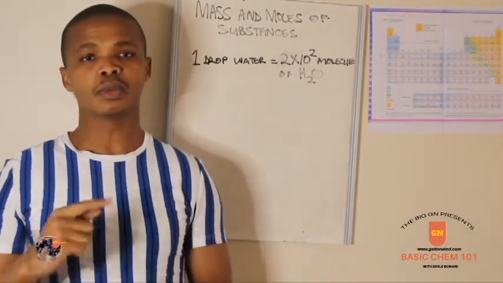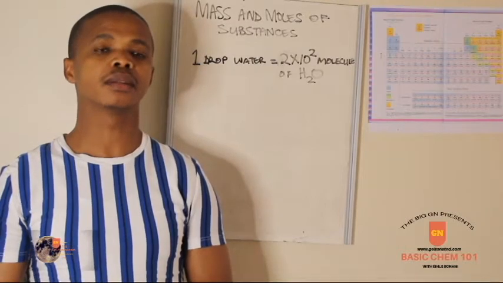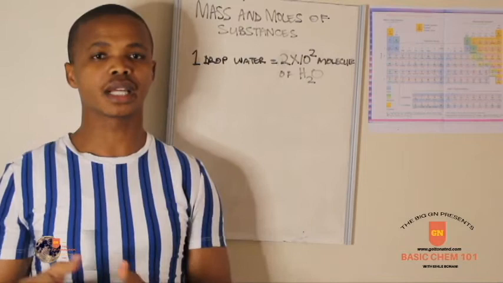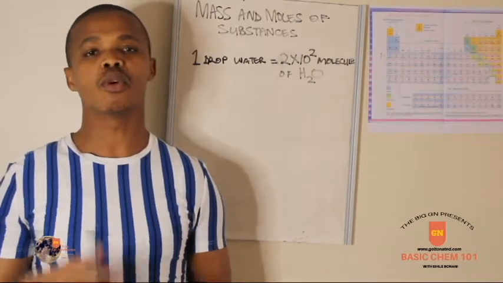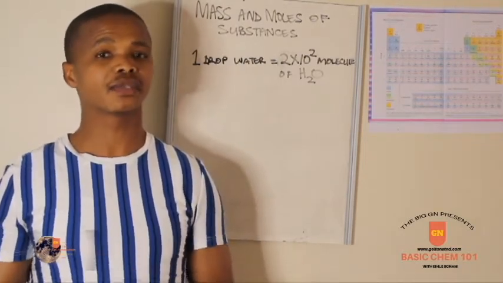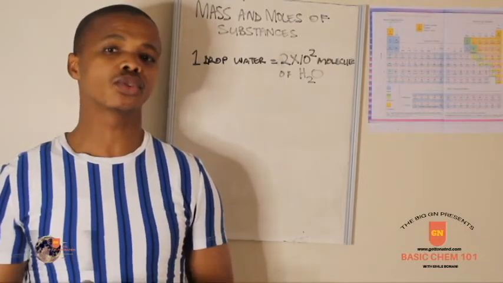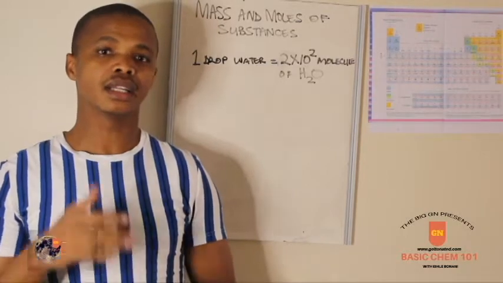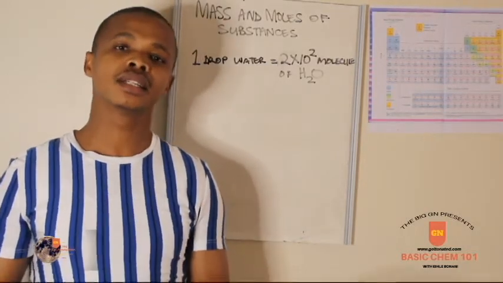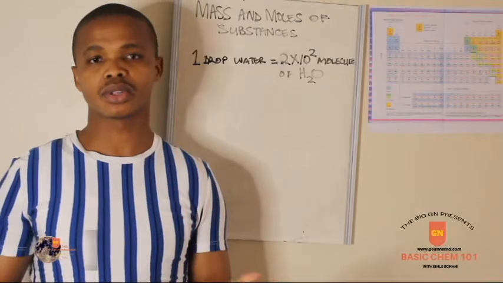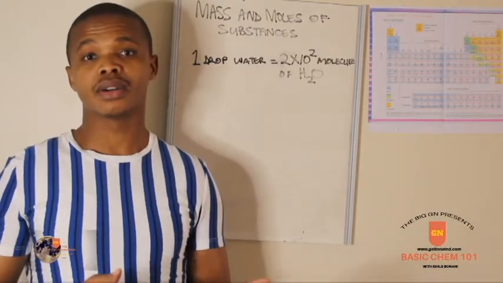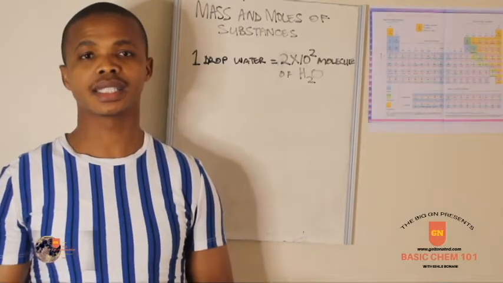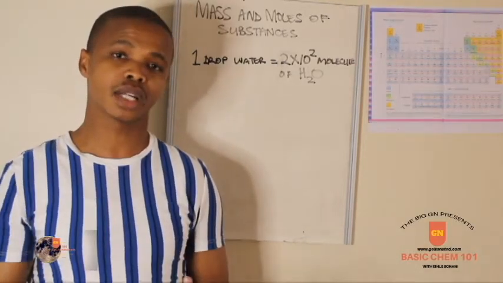So what we will be looking for, mostly as chemists, in chemical reactions, is molecules or ions of substances, in order for us to know exactly the amount needed, so that I don't waste my chemicals or reagents, or use too little and then not get my products.